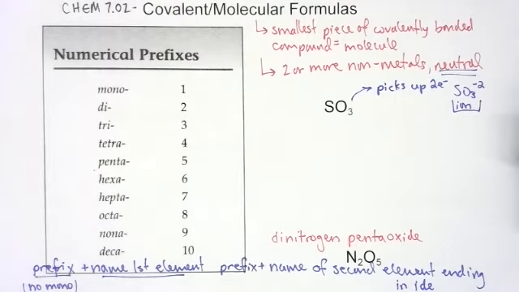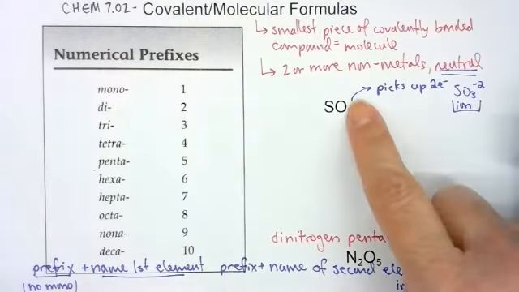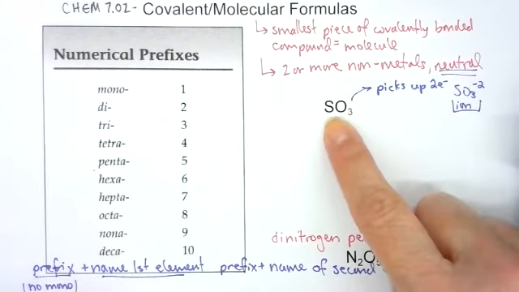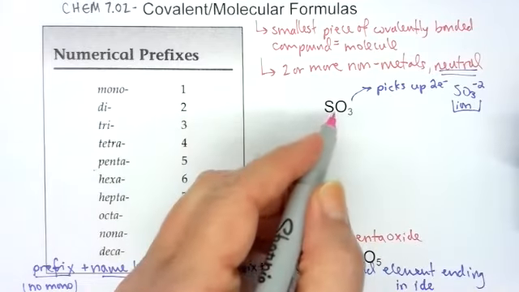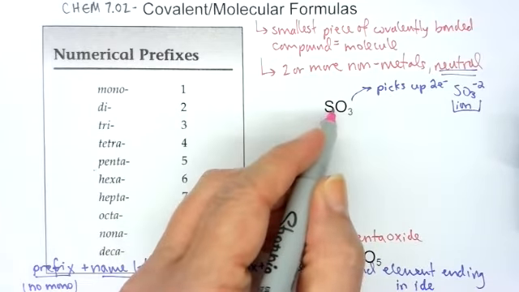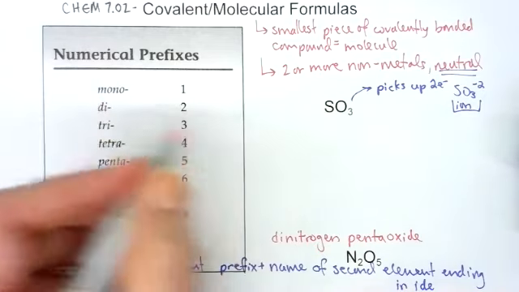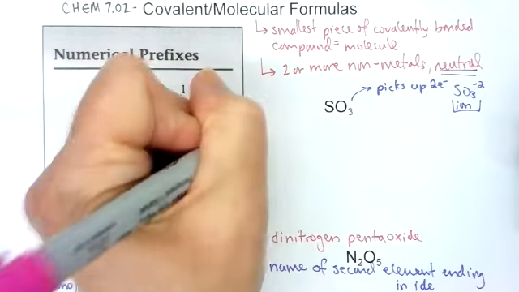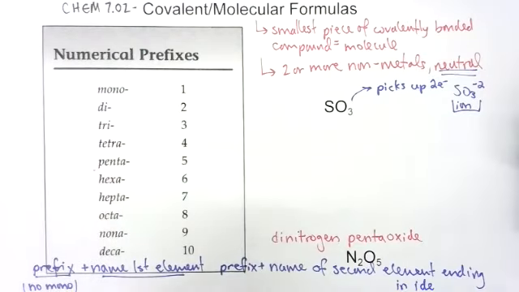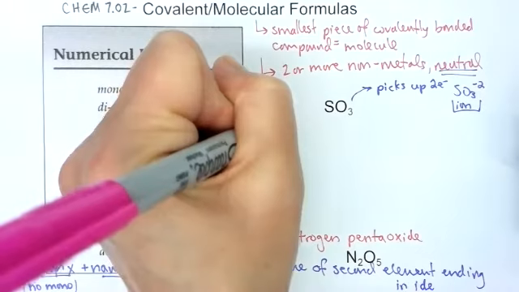Up here, it's neutral and it's sulfur and oxygen. I have sulfur. Now there's no number here, so there's a 1. But remember, the way you would use this with the table is you would put mono, but we don't use mono if there's just 1. So I skipped this, and this becomes sulfur.